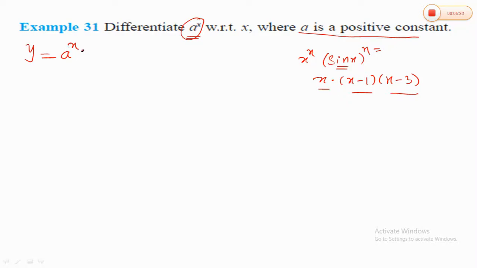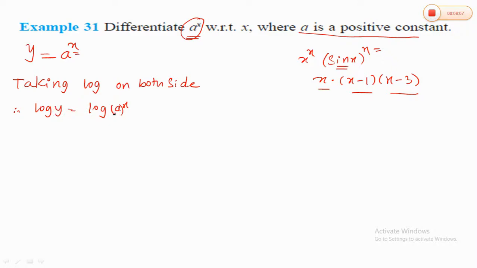At present, consider y equal to a raised to x. Since x is in the power, that is the exponent, taking log on both sides. Therefore log y equal to log of a raised to x.